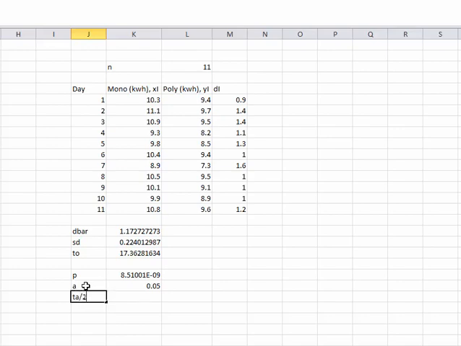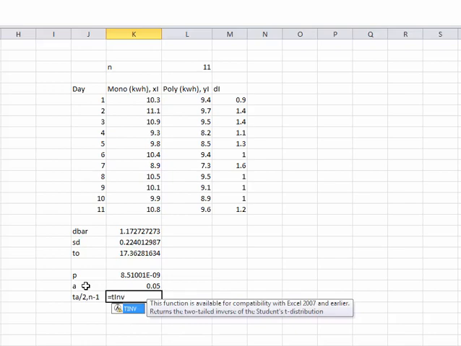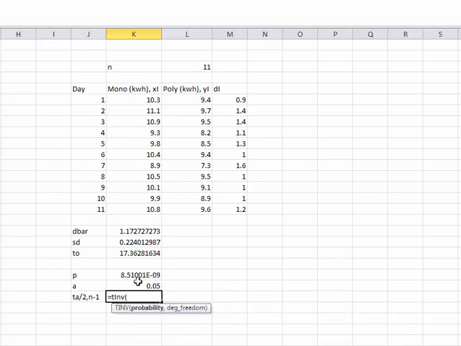To do that we use the tinv function, and we put in our probability, which is our alpha value, and then our degrees of freedom. This tells us that our t alpha over 2, n minus 1 value is between negative 2.23 and positive 2.23, and our t naught value does not fall in that area. So because of that, we're going to reject the null.